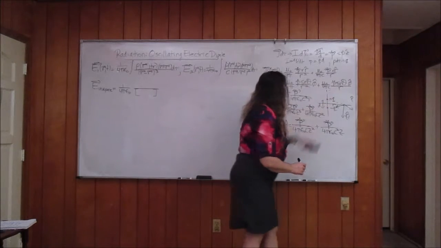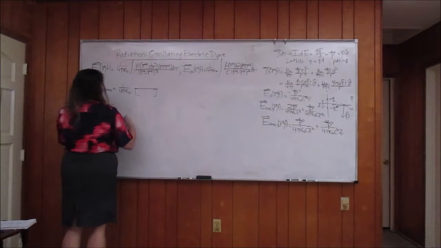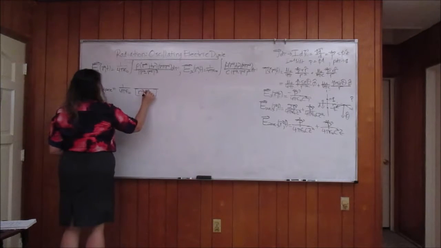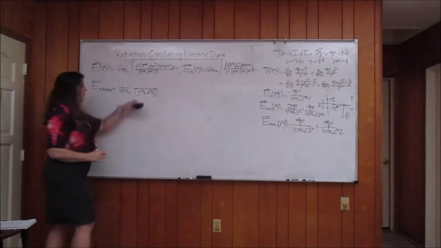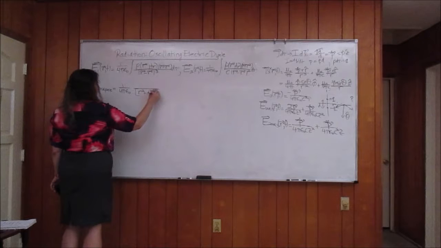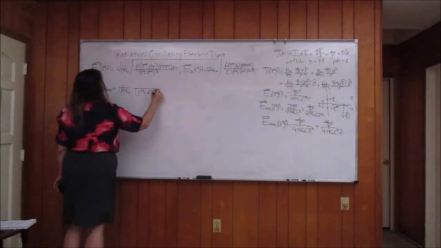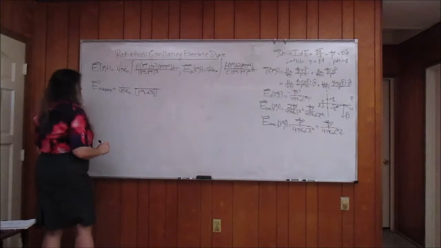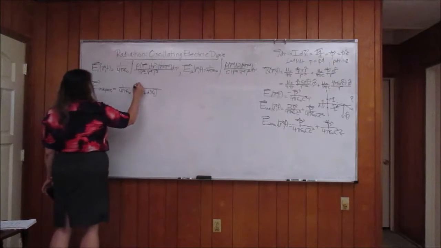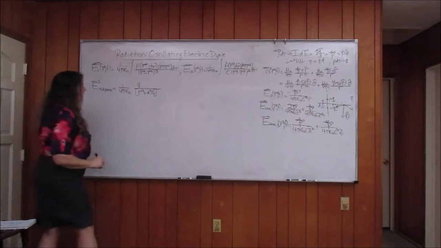this is d over 2. We'll have a total distance of r squared plus d squared over 4, and that is going to be Q. And what direction is that going to be in?